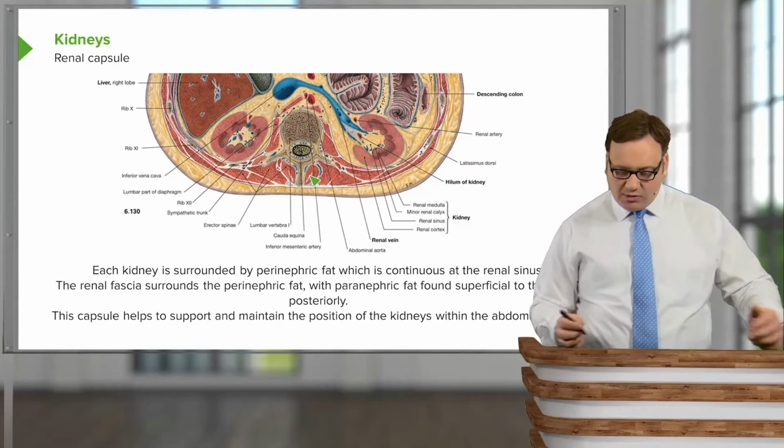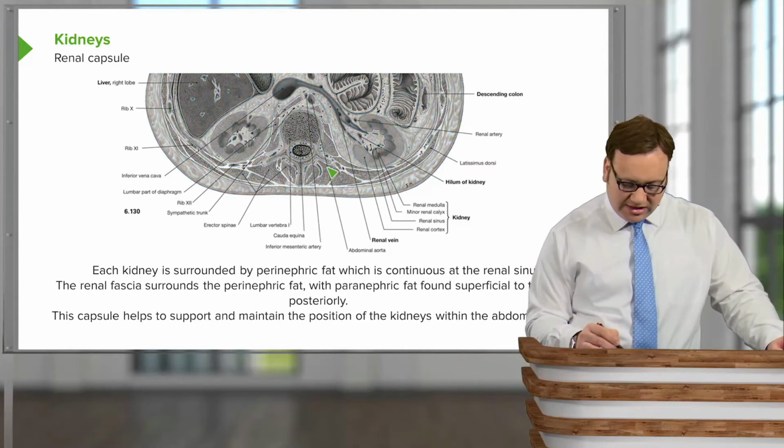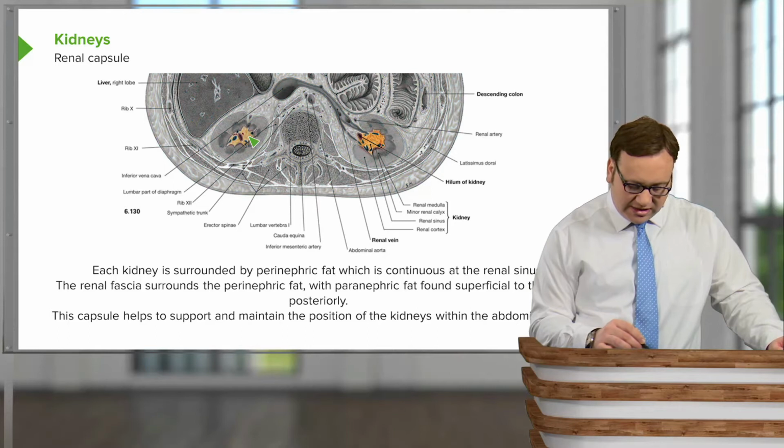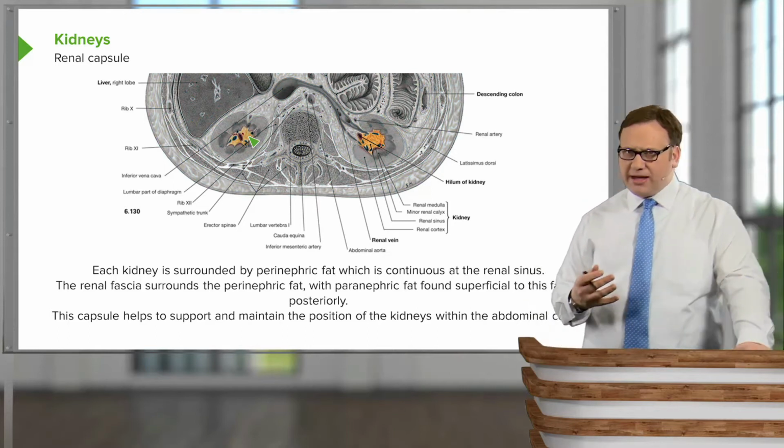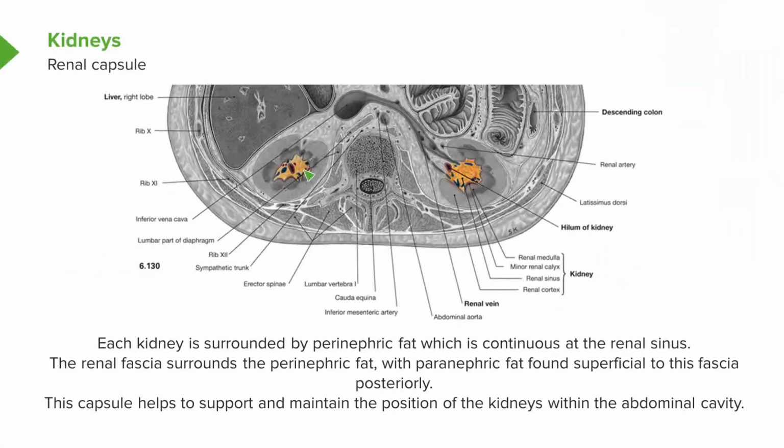And this is continuous at the renal sinus, which is this space here. We can see this kind of hollow space within the kidney, and that's the renal sinus. And the fat of the renal sinus is continuous with this perinephric fat that surrounds it. The renal fascia surrounds the perinephric fat, and we can see we've got a tough kind of membrane around here, which is surrounding the kidney.